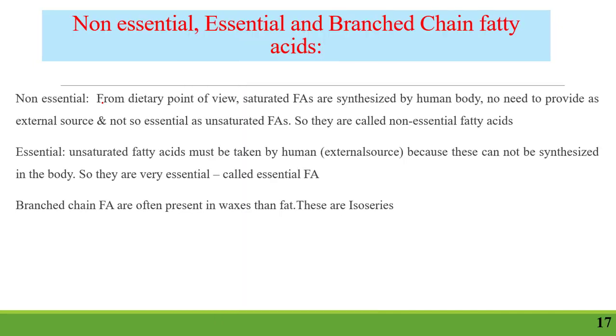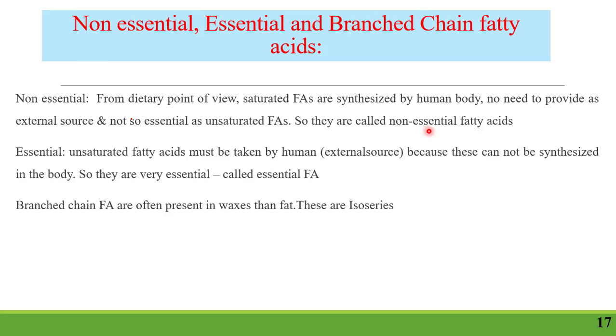Okay, as I mentioned in the last slide, we have essential and non-essential fatty acids. Essential fatty acids cannot be produced in our body, and we need to provide them by food, from the diet. From a dietary point of view, saturated fatty acids are synthesized by the human body and there is no need to provide them as an external source, unlike unsaturated fatty acids.